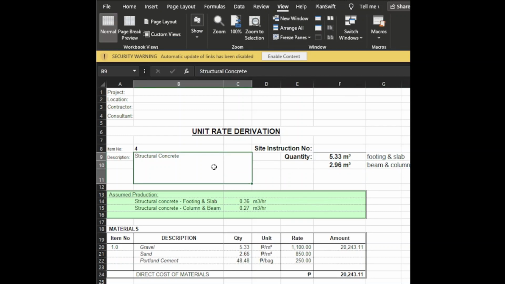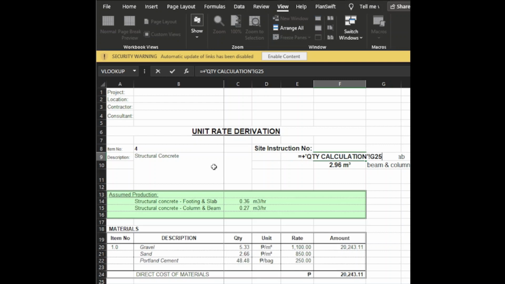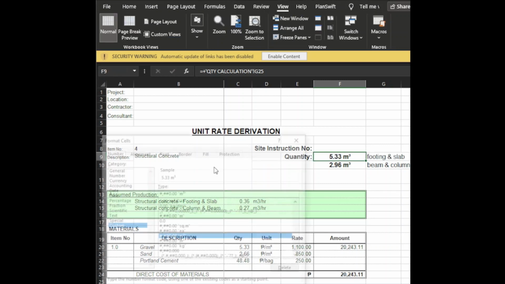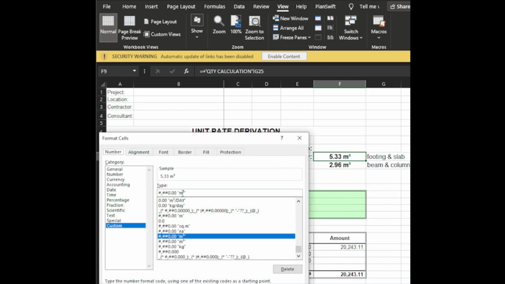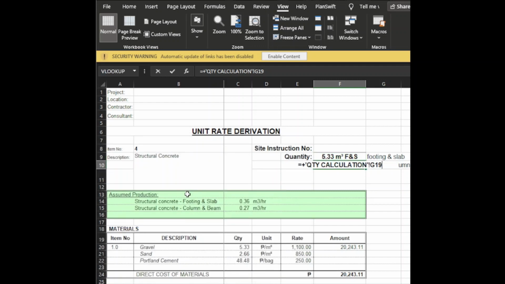Okay, you can put it here also if you want. You can put it here also, guys. We will include this one in our footing and slab. We will do like that. Then this one is column and beam.